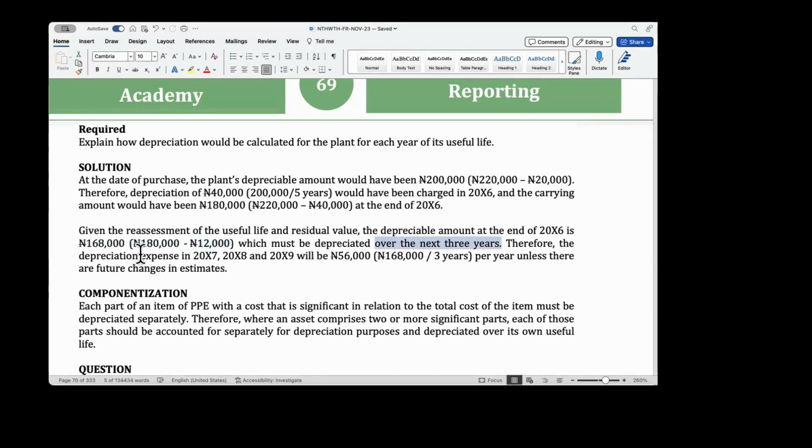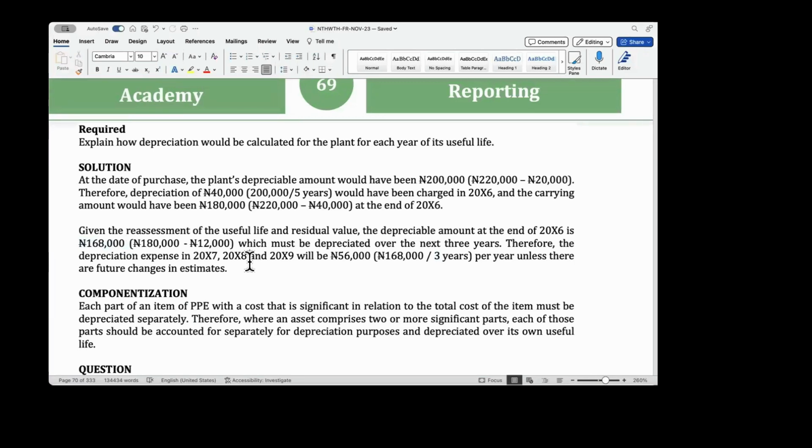Therefore, the depreciation in 2007, 2008, and 2009 will simply be 168,000 divided by 3 years, the remaining useful life. And that is what depreciation will be, unless maybe in 2008 they say, okay, the useful life has changed again.